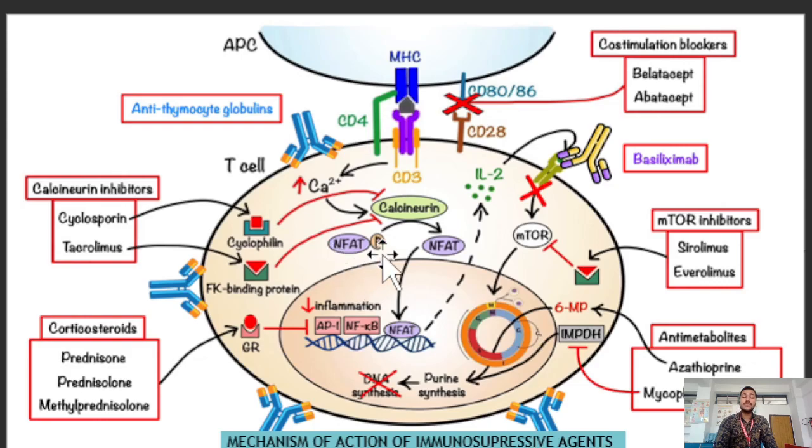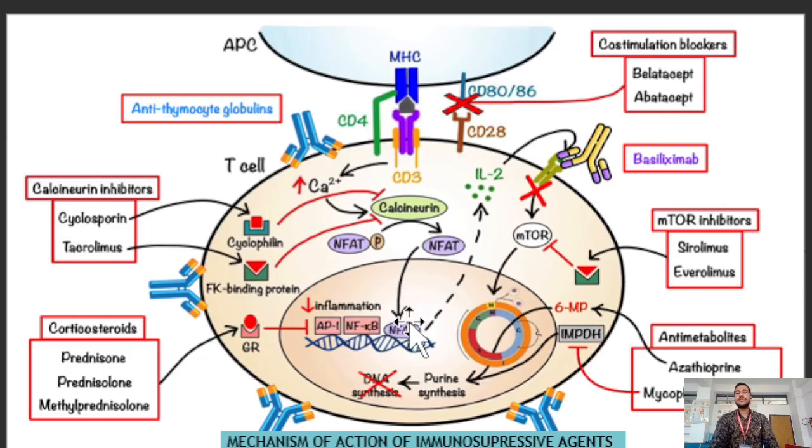Now, this NFAT is a transcription factor. This phosphorylated NFAT cannot enter the nucleus. So, with the help of calcineurin, this NFAT is dephosphorylated. Now, this dephosphorylated NFAT very easily enters the nucleus.